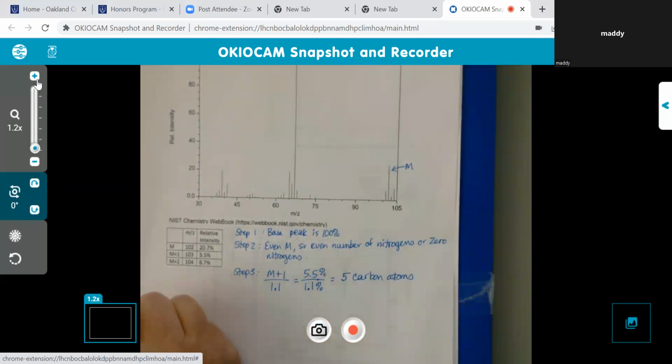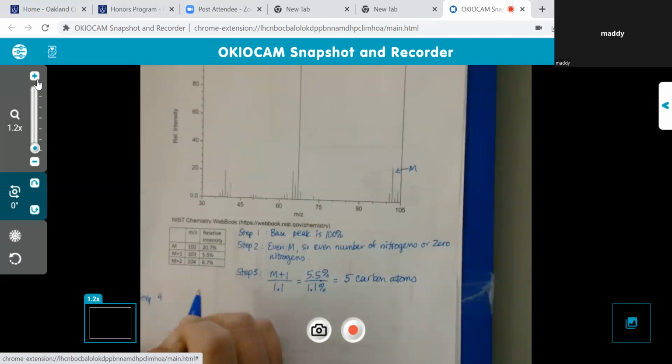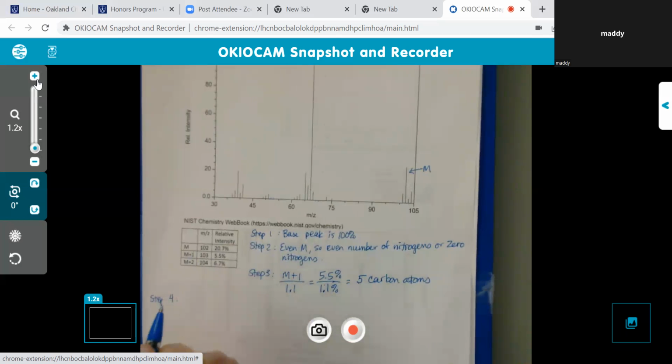And then in step 4, I'm going to come over here. This is where we use the relative intensity of M+2 compared to M to look for evidence of bromine, chlorine, or sulfur.